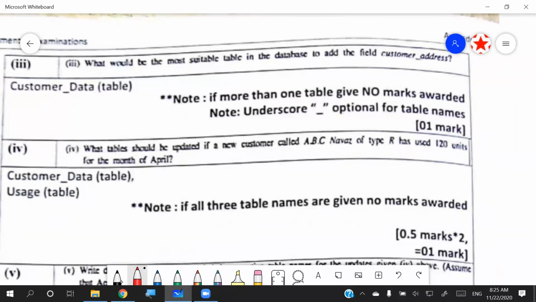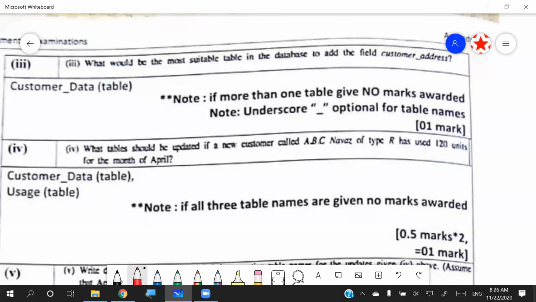What table should be updated if a new customer called ABC Nawaz of type R has used 120 units for the month of April? If it is a new customer, then definitely the customer table is going to be updated, and it is on the rate which is already existing, so the rate table is not going to update, right?